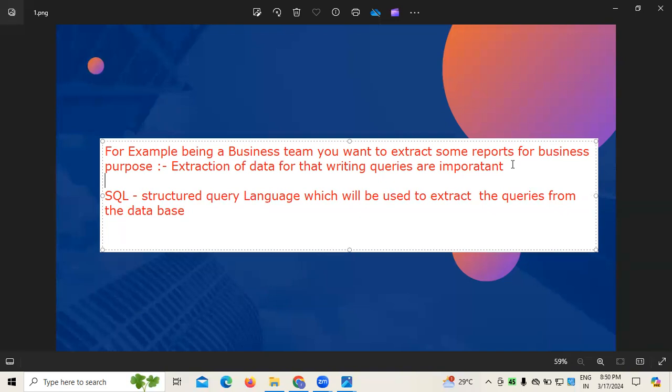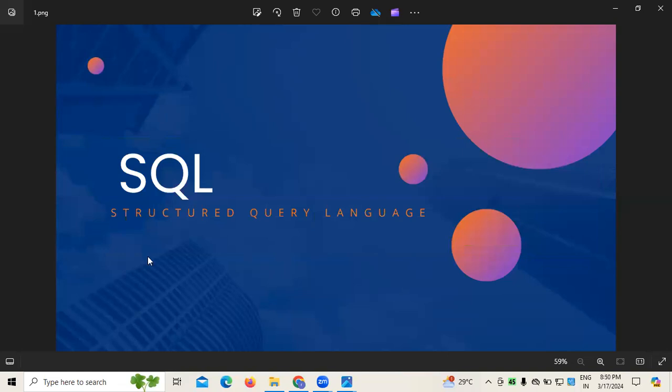So there must be some language we have to use. The kind of language we normally use is called a query language. One of the prominent query languages used in the industry is SQL, which is majorly used to extract data from any database.